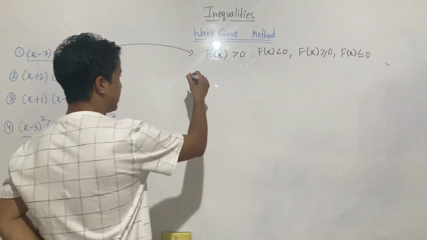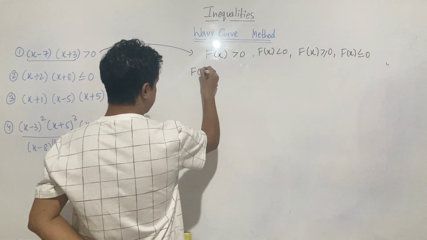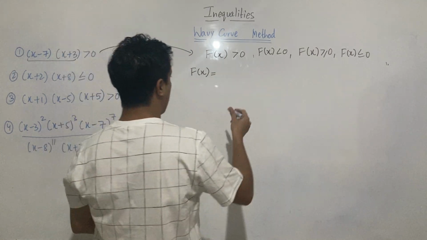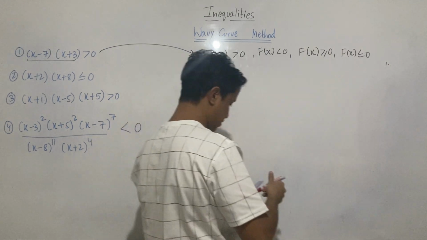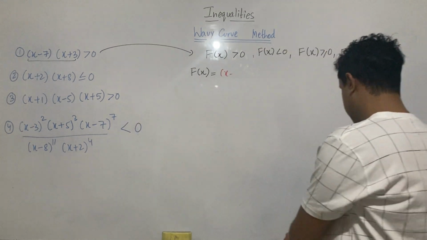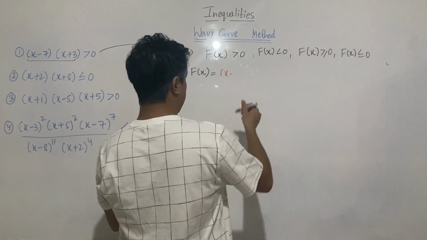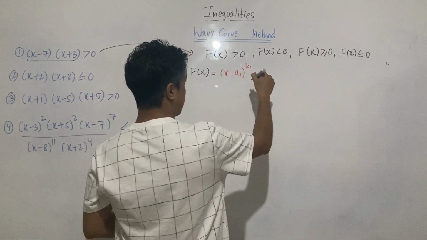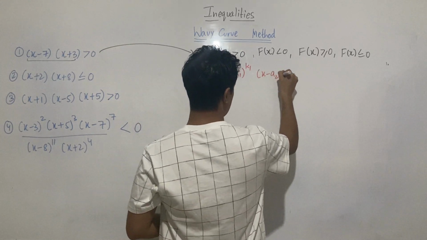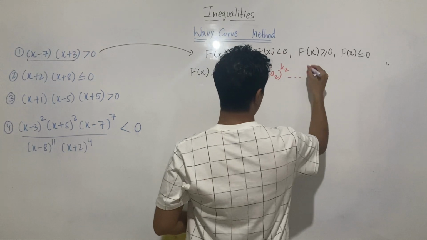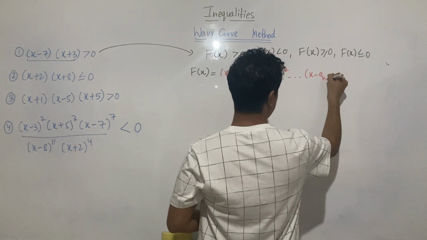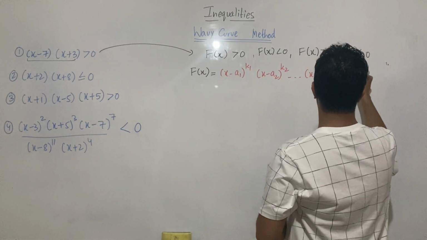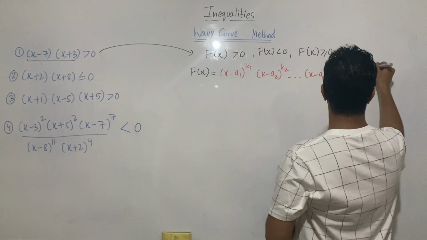Or I can say that your f(x) is of the type (x minus a1) raised to the exponent k1, (x minus a2) raised to the exponent k2, and so on, (x minus a n minus 1) raised to the exponent k n minus 1, and (x minus a n) raised to the exponent k n.